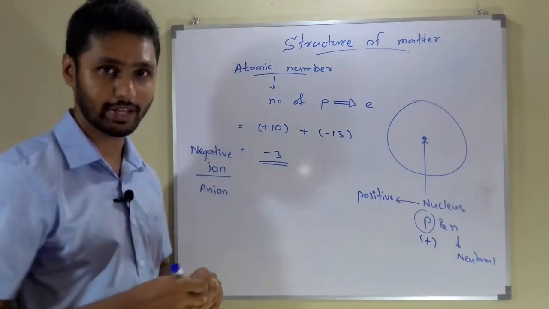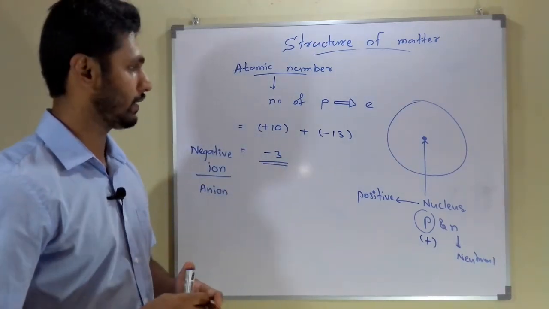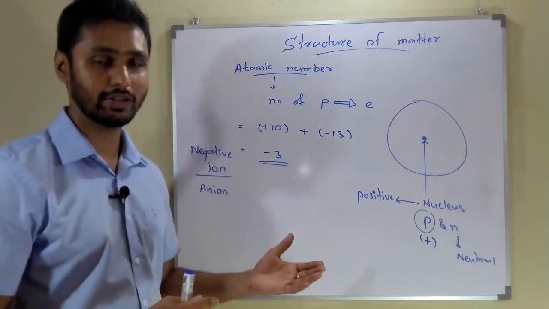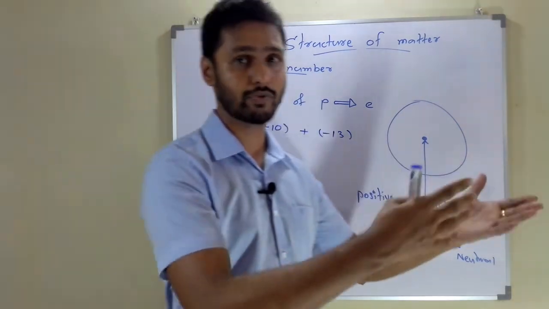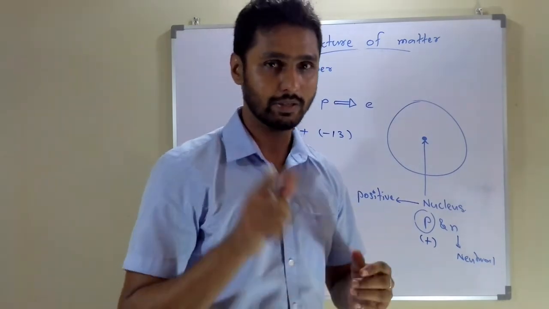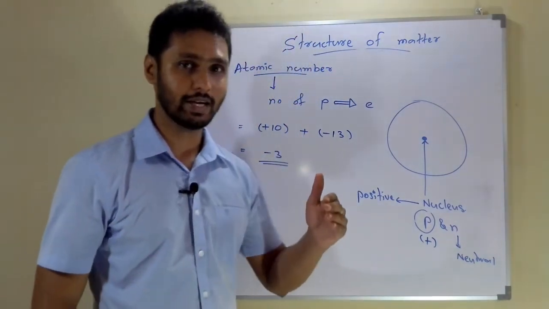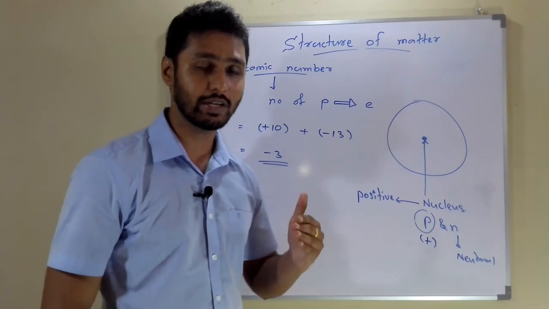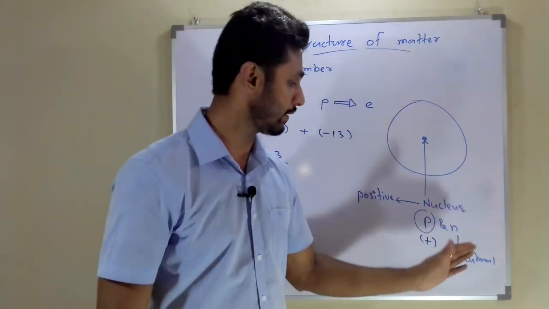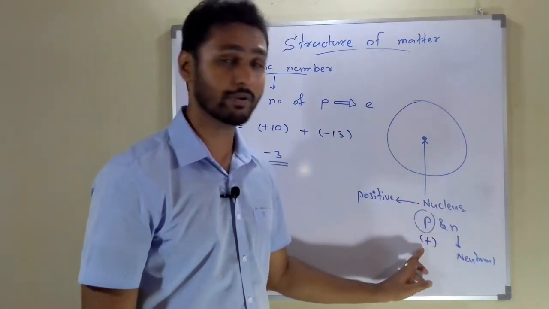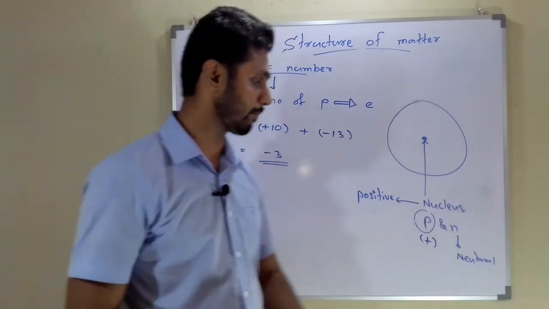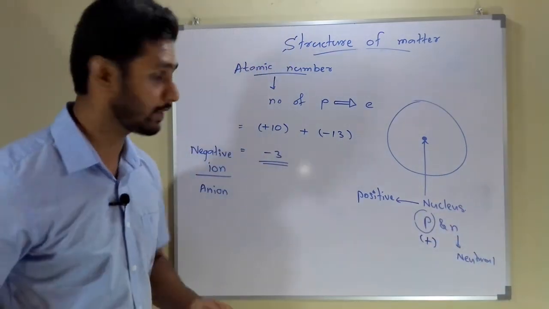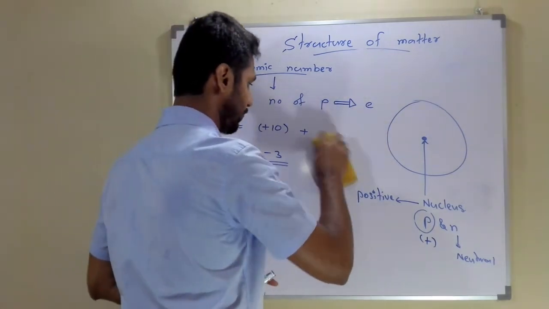This is the charge of that ion now. Like this, you can understand that atoms can gain or remove electrons from their energy levels. But remember, when atoms are gaining or removing electrons, they do not change the number of protons or number of neutrons. Let's see about the next part.